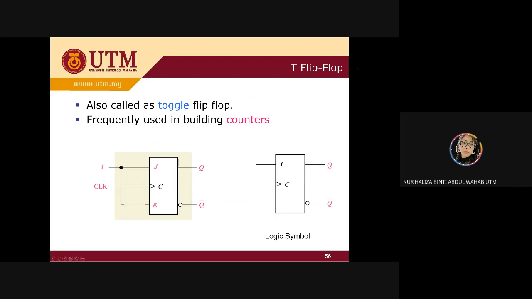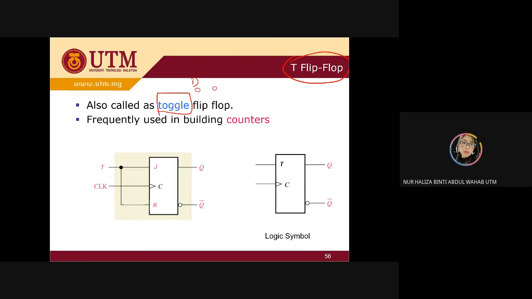With our T flip-flop. Our T flip-flop is also called a toggle flip-flop. It is slightly similar to your D last time, but D will follow. If D equals 0, your output will be 0.